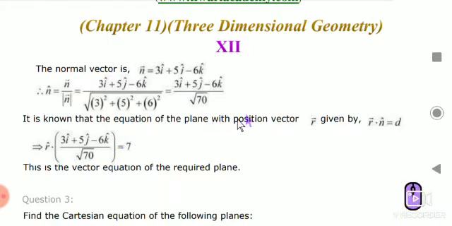It is known that the equation of the plane with the position vector r is given by the formula vector r dot n cap is equal to d. Therefore, here vector r dot n cap, which we just found as 3i plus 5j minus 6k divided by root 17, is equal to the distance from the origin to the plane, which is given as 7. This is called the vector equation of the plane.